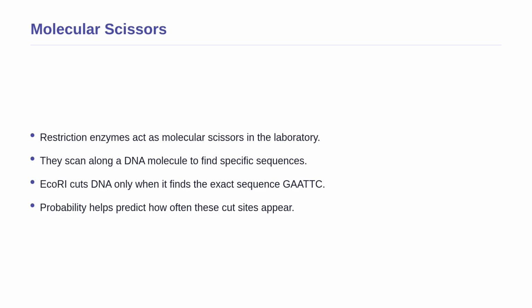For instance, an enzyme called EcoRI cuts DNA exclusively at the exact 6-letter sequence GAATTC. Because genomes are massive, we use probability to predict mathematically how often these specific cut sites will appear by random chance, which helps us plan our experiments.